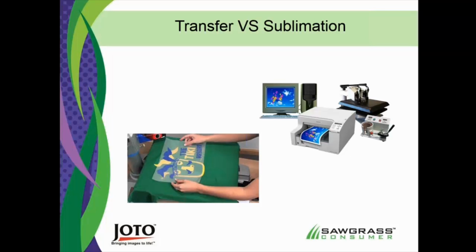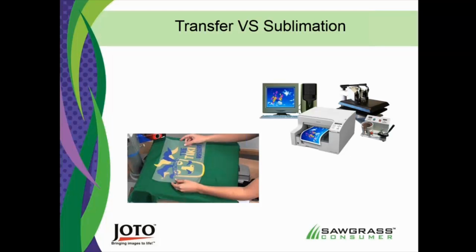So on one hand, when we talk about transfers, we're talking about a physical material or film that's being applied that has some type of adhesive on it. Then in another respect, we're talking about using a carrier paper, also called a transfer paper, that's just moving ink from one place to another. So we've got a couple of different things going on. So suffice it to say, they're not the same process.